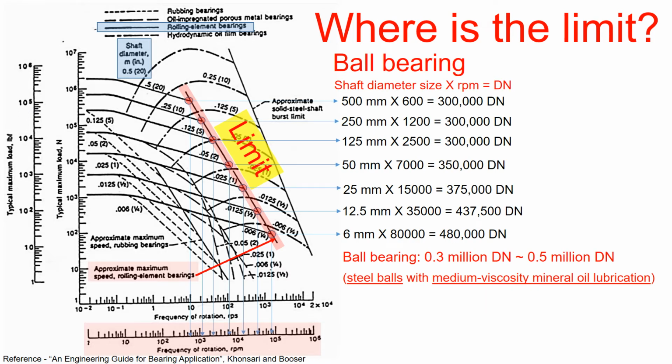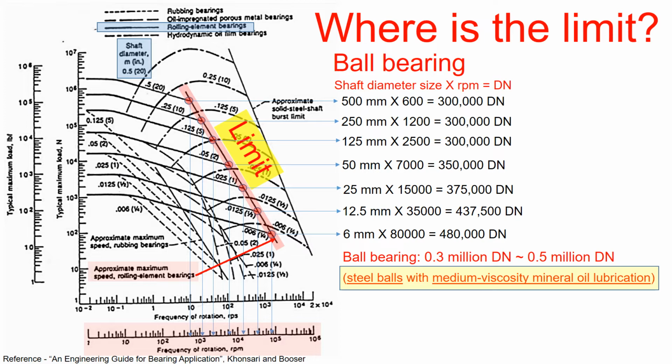Based on this graph, you could obtain the maximum DN value for the ball bearings. Again, the DN also indicates the bearing surface speed, but it is defined differently than the NDM. The bearing DN limit is around 0.3 million DN through 0.5 million DN, based on this past literature.